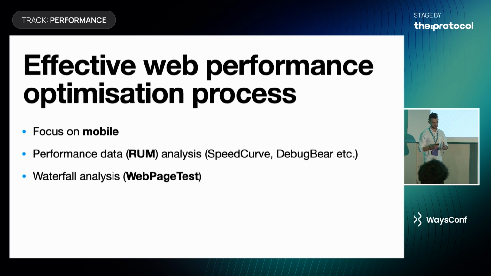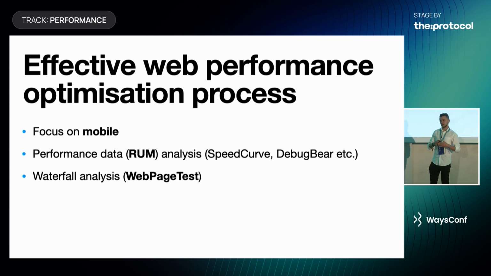Obviously, no surprise, we should focus on mobile the most. And in terms of real user monitoring systems, we have a lot of options on the market these days. We have SpeedCurve, we have DebugBear, but what's most interesting, you can also set up real user monitoring by yourself, for example, utilizing Google Analytics 4 and then showing the data through BigQuery from Google.